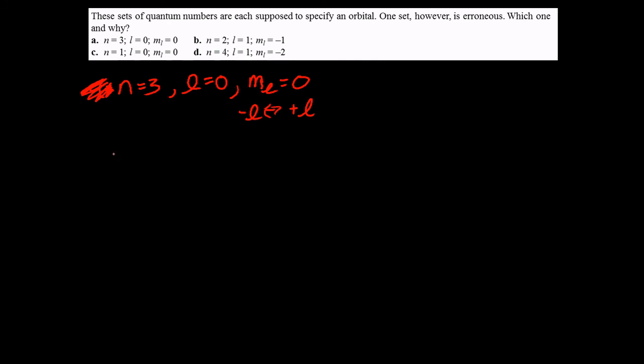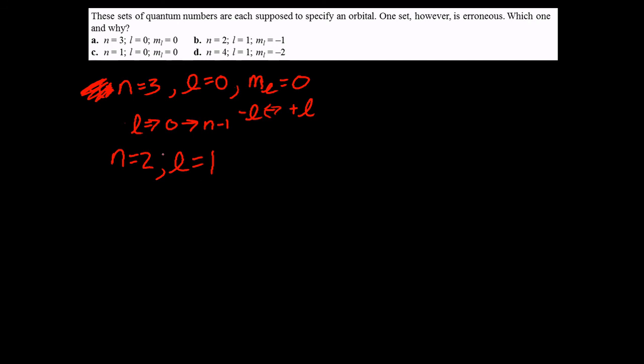So the next one there, if n is equal to 2, is L allowed to be 1? Yes, it is. That is the largest number it could be. But again, remember, L is allowed to be anything from 0 up to n minus 1.